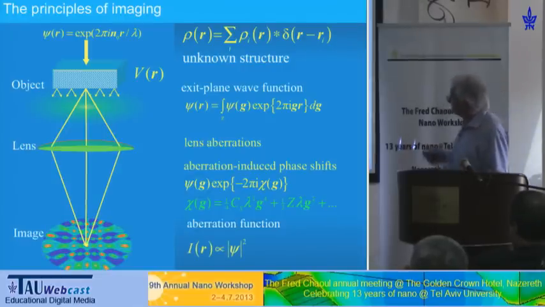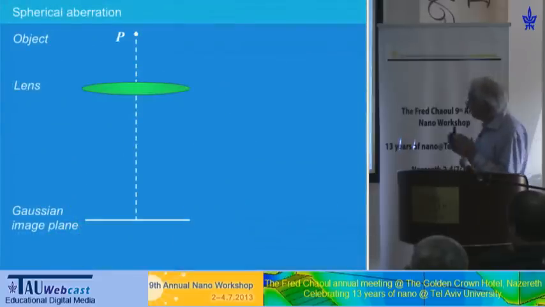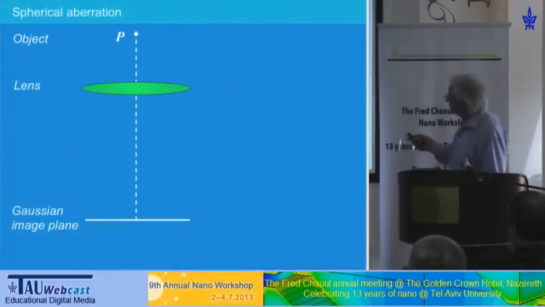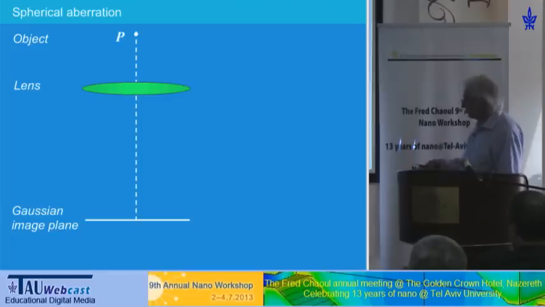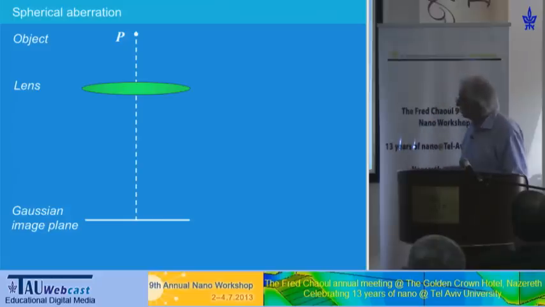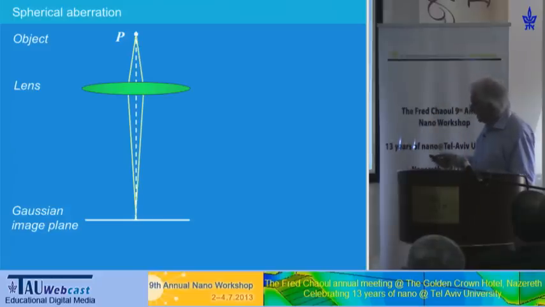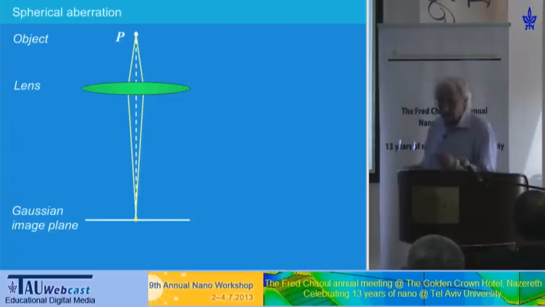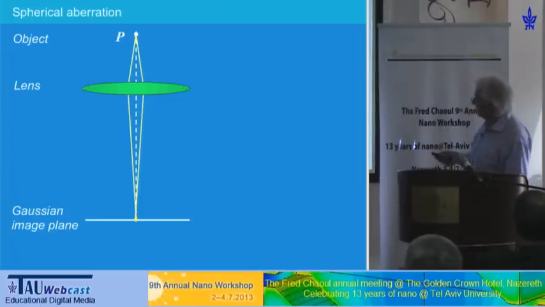So let us briefly recall what spherical aberration is. You want to image a point in the object into the Gaussian image plane, and the position of the image plane is given in ideal Gaussian optics by the ray paths of the paraxial rays, which make a small angle with the optical axis.